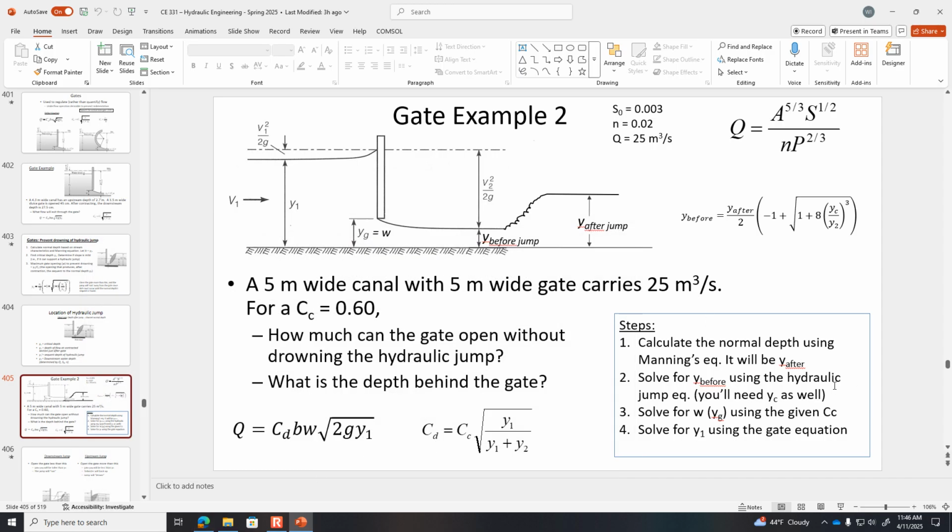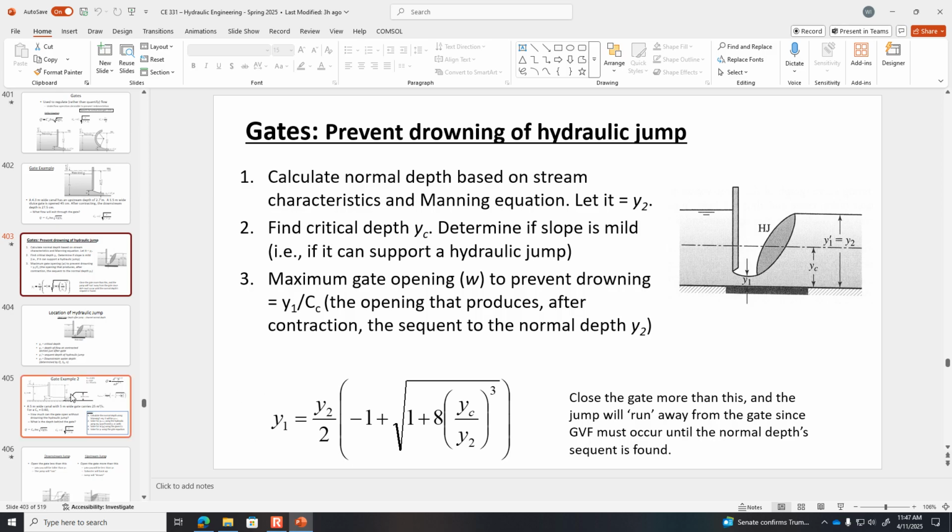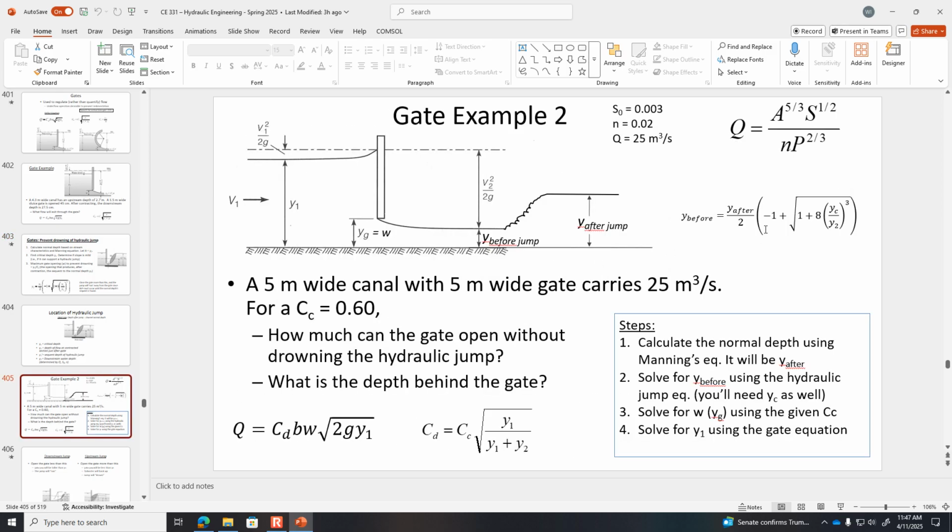So Y after is what we want to use to find now Y before. So this is the Belanger momentum equation solving for, here it showed it as Y1 before the jump.